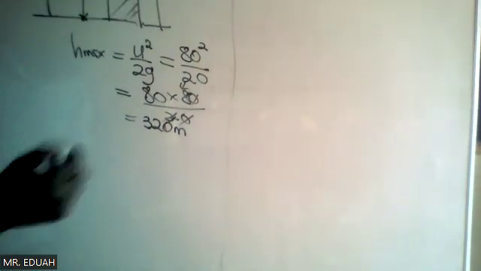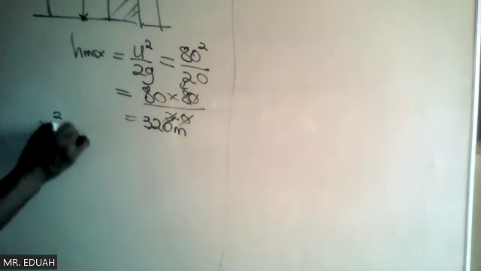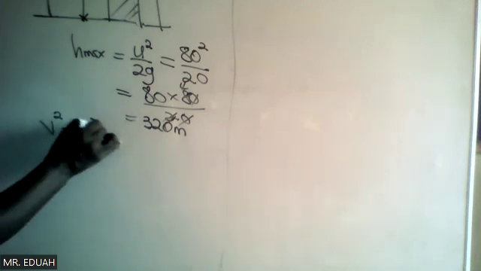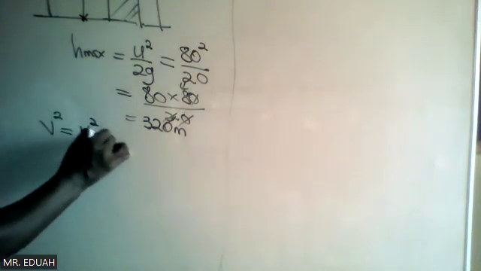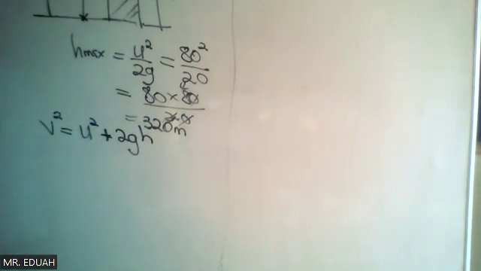Then I use v squared is equal to u squared plus 2gh, and I must find h.